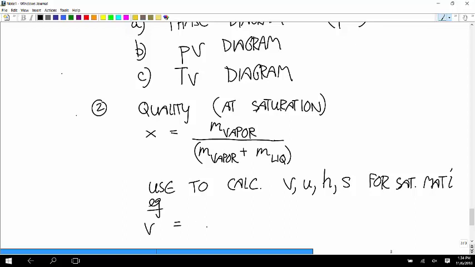The specific volume is the quantity 1 minus x, 1 minus the quality, times the specific volume for the liquid, so that's V sub f, plus x times the specific volume of the vapor, so that's V sub g. And that same equation works for the specific internal energy, all of those.